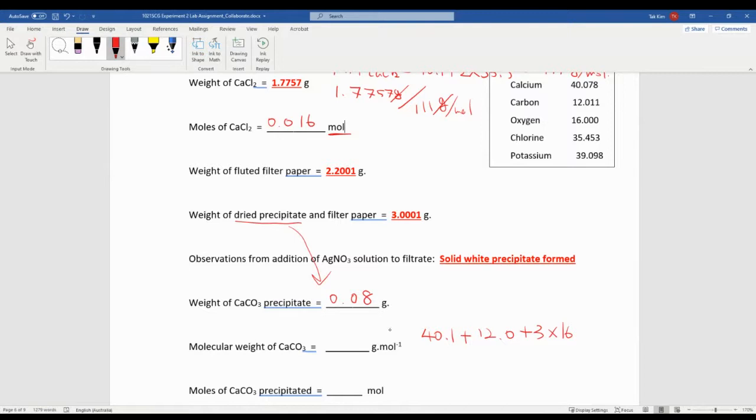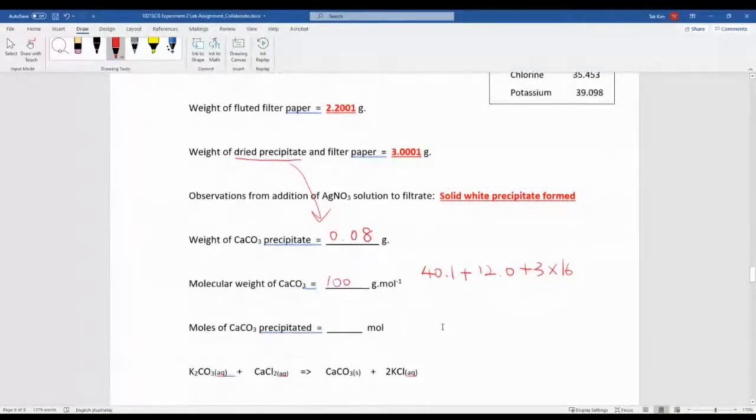My answer is 0.001 grams per mole. Oh, hang on a second, something is not right. It should be the other way around. It should be 100. So I have 100.001, but I'll just put 100 grams per mole. So that is the molecular weight of calcium carbonate.